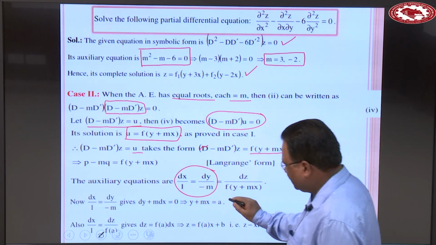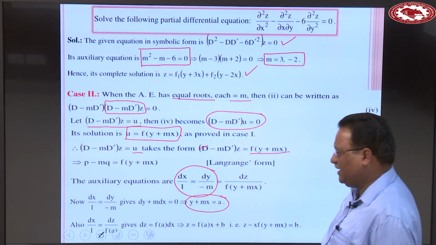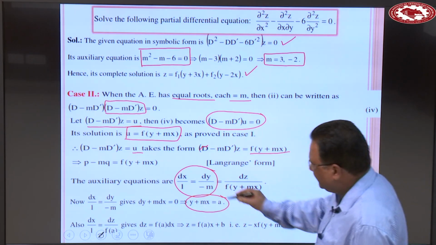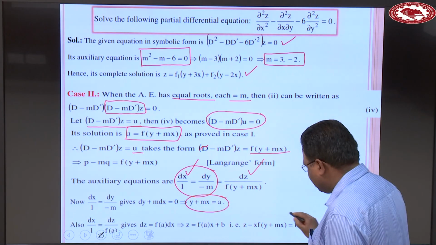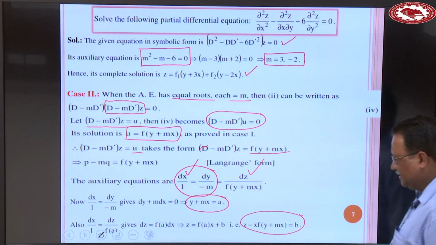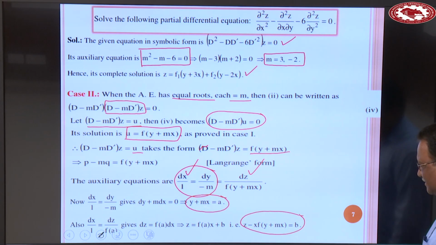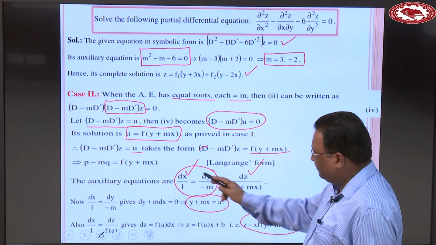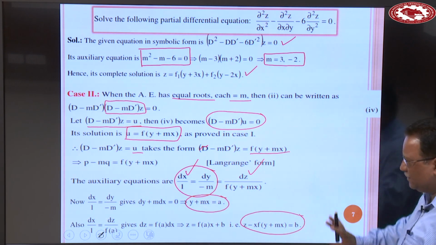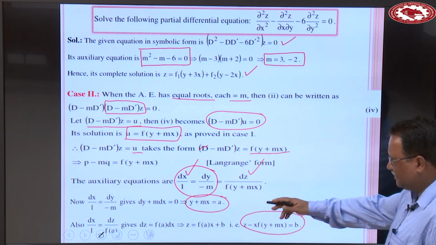When you consider them, you will get y + mx = a. Now consider this component and this component, and that gives z - x f(y + mx) = b. So first combine these two equations, and then first and third, grouping these two equations, and you will get these two components.